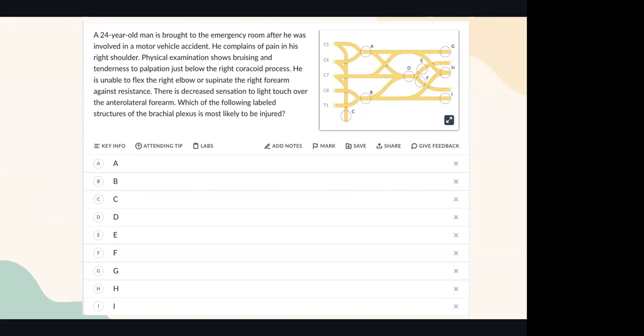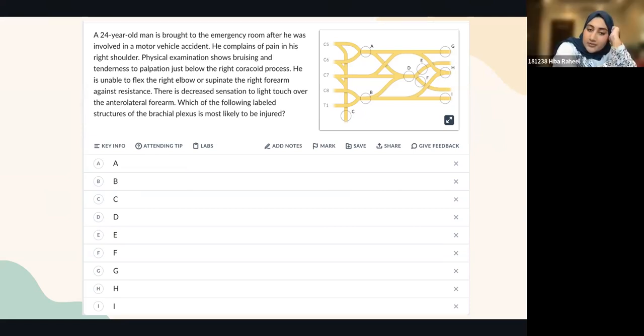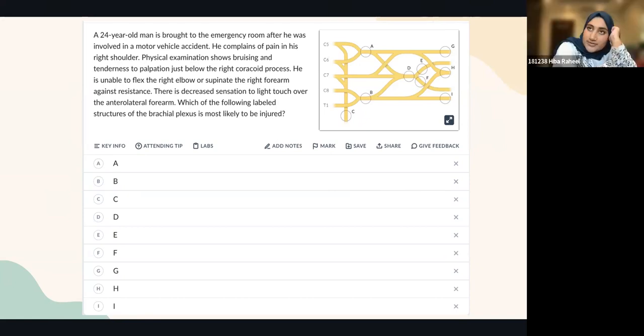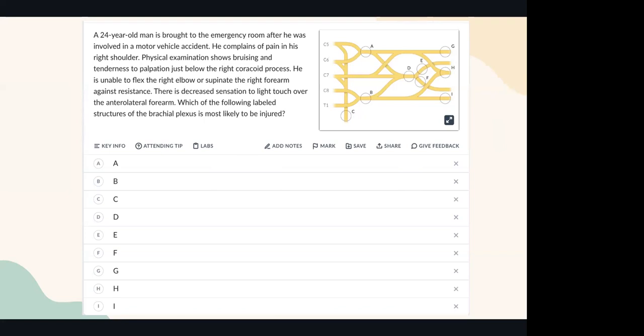We're talking about the biceps brachii and the brachialis, I think. Very good. And we're also talking about the musculocutaneous nerve. Excellent, good job. So we are talking about the muscles that are supplied by the musculocutaneous nerve. Now locate the musculocutaneous nerve on the diagram above. It's at G.